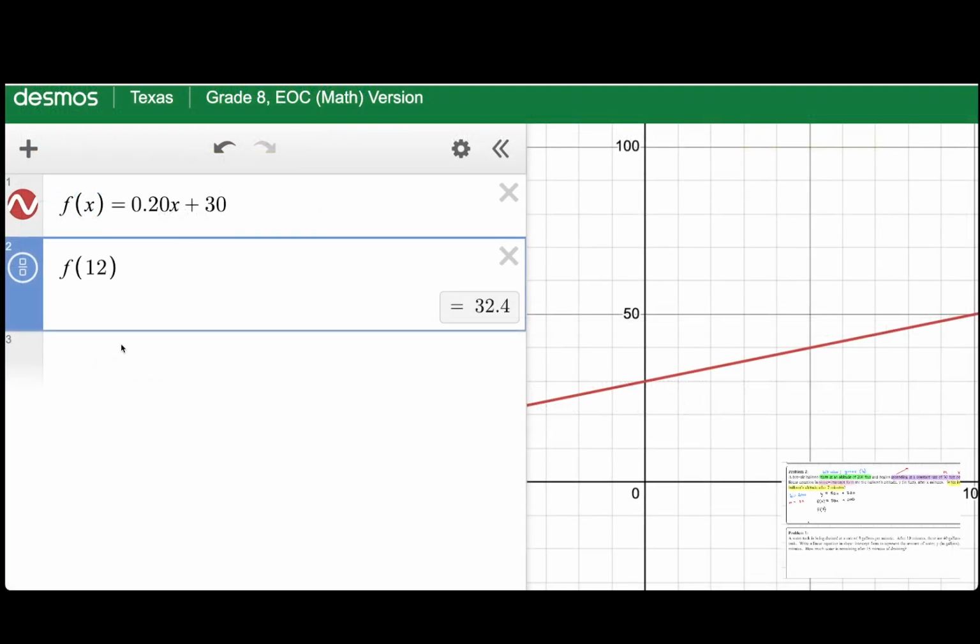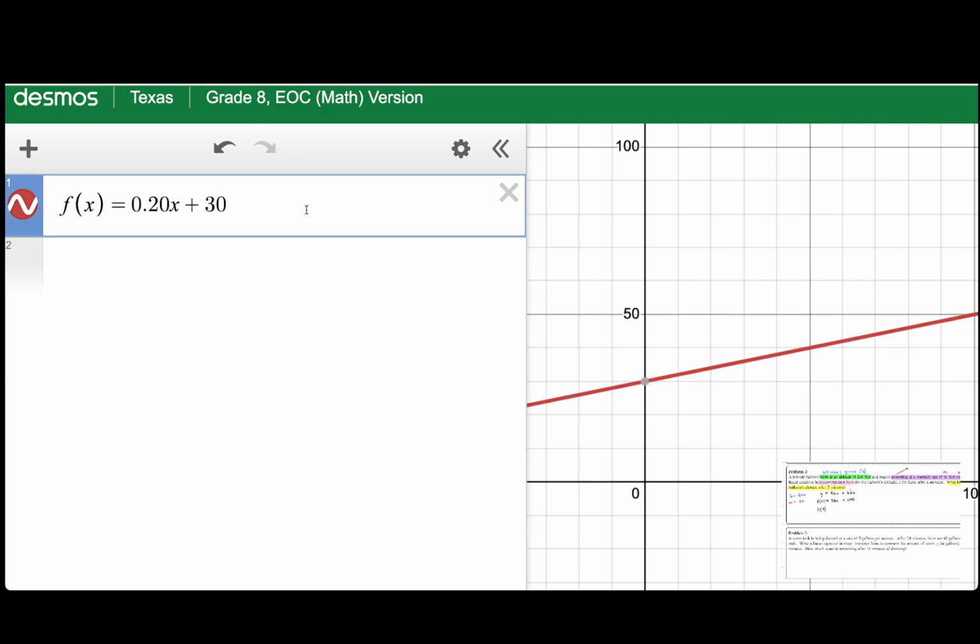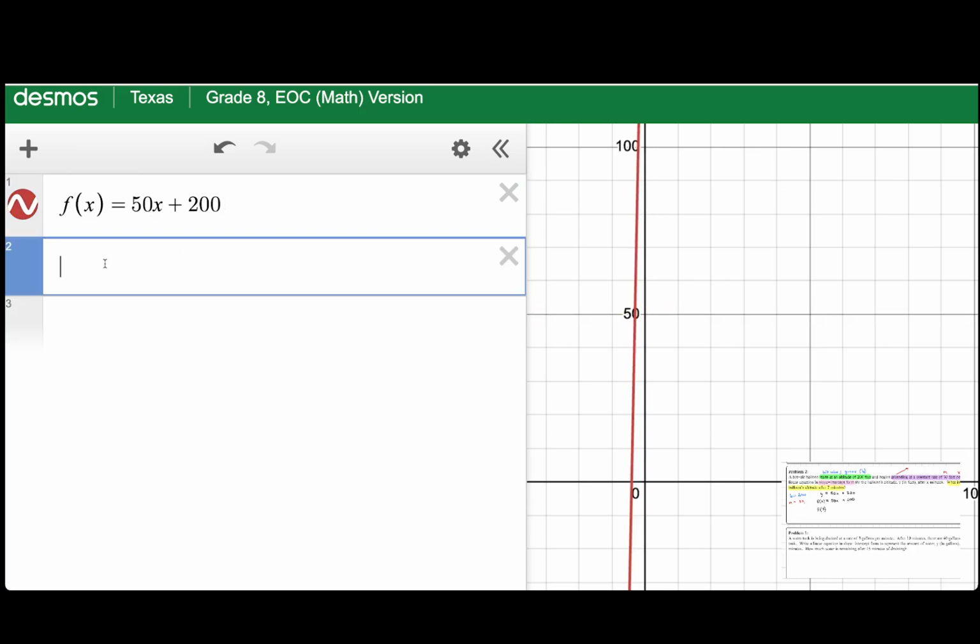Okay, so let's go back into Desmos here. Let me just clear these out. So f of x equals 50x plus 200. We're going to evaluate it at 7 minutes. So f of 7 is 550.